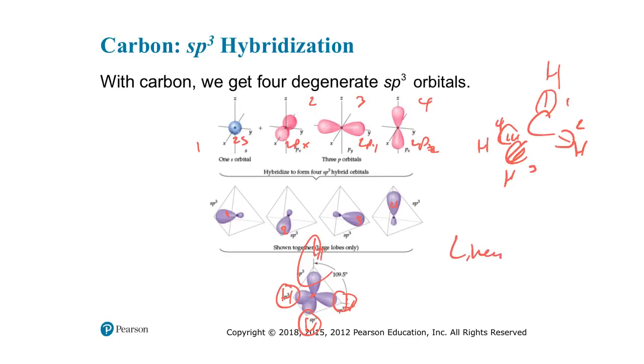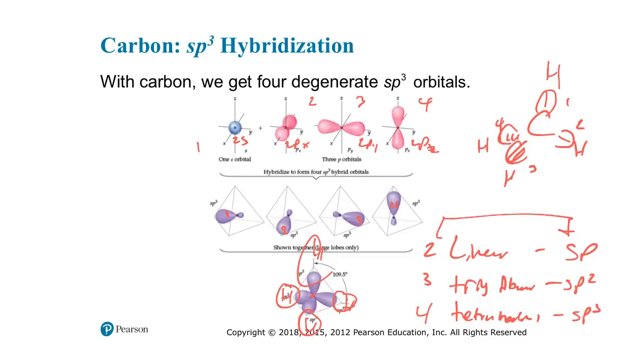So linear molecules go sp hybridized, trigonal planar molecules would go sp2 hybridized for that central atom, and then tetrahedral molecules will go sp3, because we'll have 4 substituents here, 3 substituents here, 2 here. So 2 substituents, we need 2 atomic orbitals to mix together. 3 substituents, we need 3 atomic orbitals. 4 substituents, we need all 4 atomic orbitals to mix together.